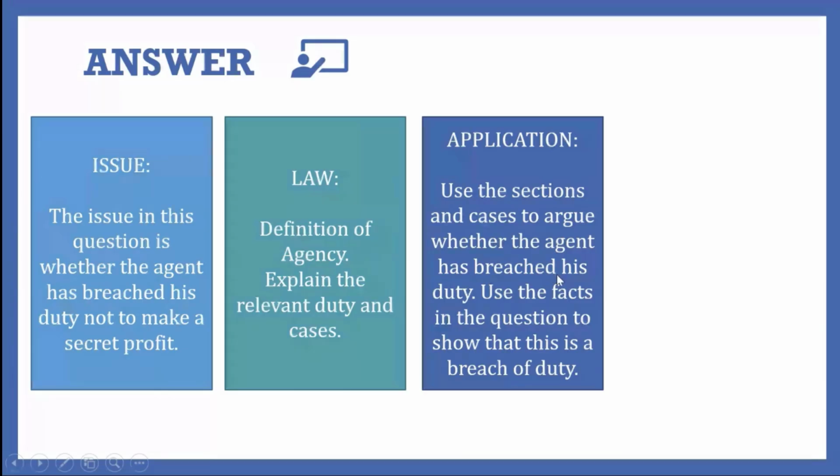And sometimes it's not just one remedy that the principal can exercise, because sometimes the principal can exercise more than one remedy. The principal can terminate the agent and at the same time recover the amount that the agent has made, the bribe that the agent has received. So you need to address the question carefully in your application to show which remedies can be exercised.